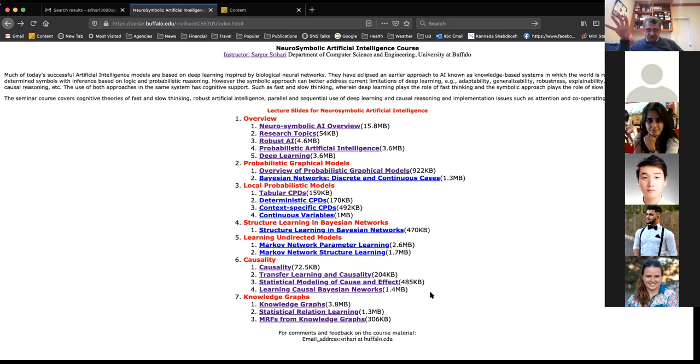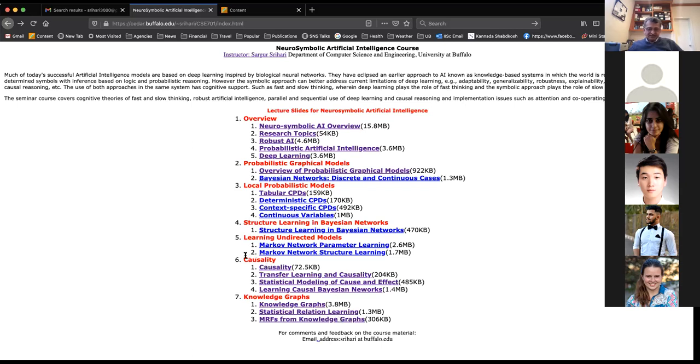It is giving you all kinds of relationships that might be useful for you, called a knowledge graph. And so how do we work on these knowledge graphs? So knowledge graphs may be relevant to neural and symbolic AI. So this is some of the stuff that might be relevant.